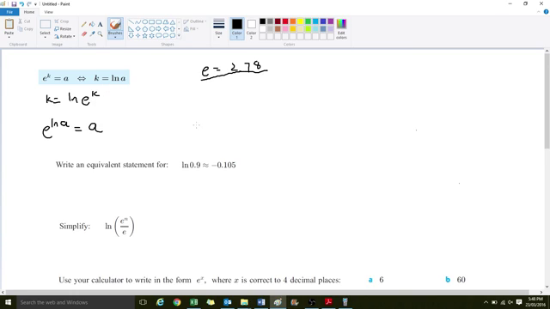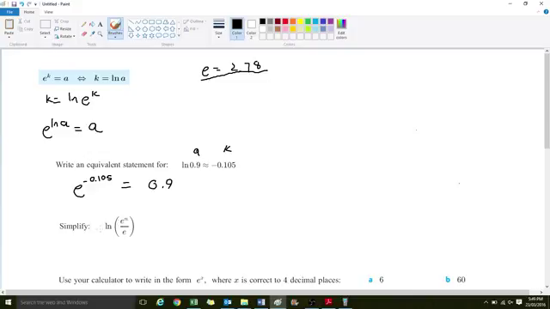In this circumstance, our 0.9 here is a, and our minus 0.105 is k. It matches up with this formula here. So we can express that using this one: e to the power of k is equal to a. So e to the power of minus 0.105 is equal to 0.9. And that's how we do that. We've just expressed it in a different manner.